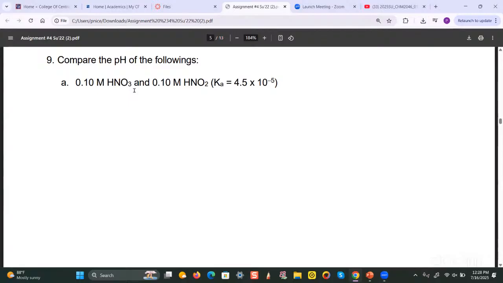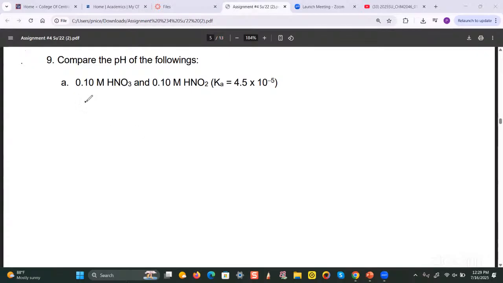All right, so we have 0.10 M nitric acid and we have 0.10 M nitrous acid. So the question is, okay, let's start off with the 0.10 M nitric acid. Is that a strong acid or a weak acid? Strong. So how would you determine the pH for this acid? Equal to the concentration.